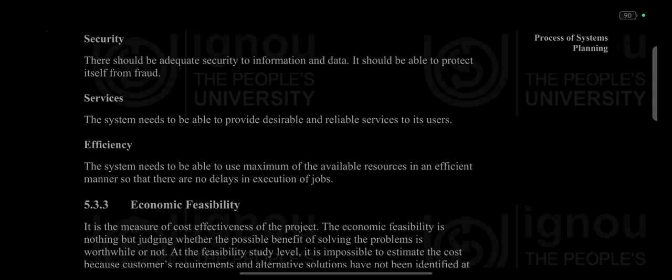It should be able to protect itself from fraud. Services. The system needs to be able to provide desirable and reliable services to its users. Efficiency. The system needs to be able to use maximum of the available resources in an efficient manner so that there are no delays in execution of job.